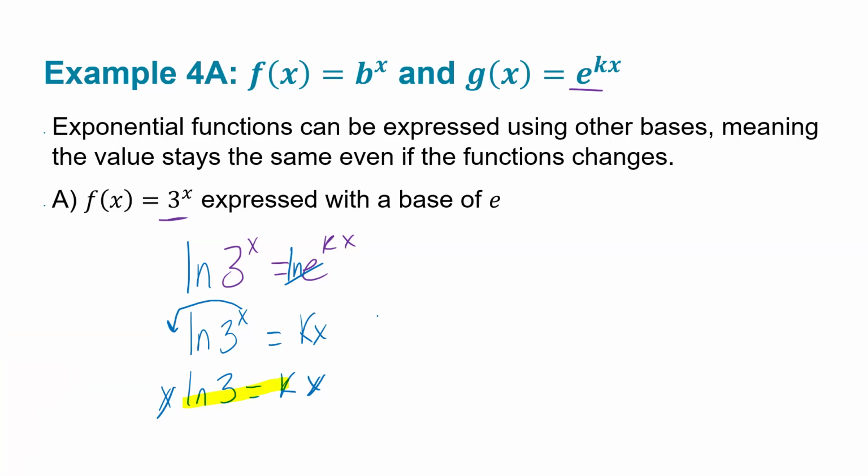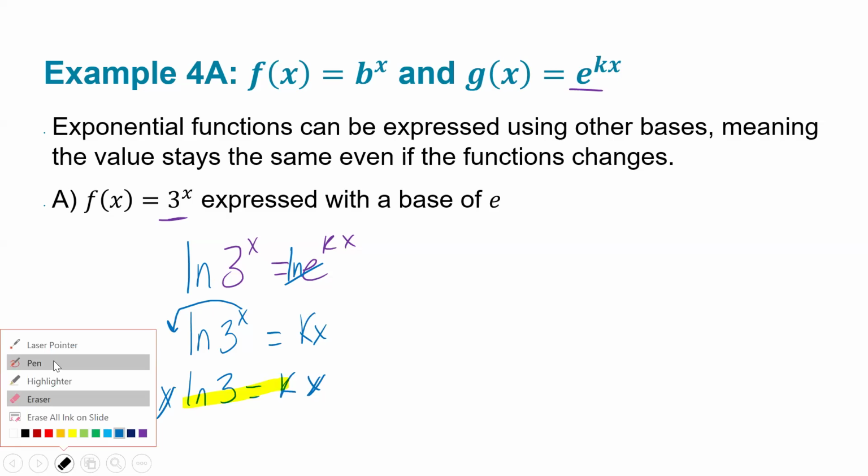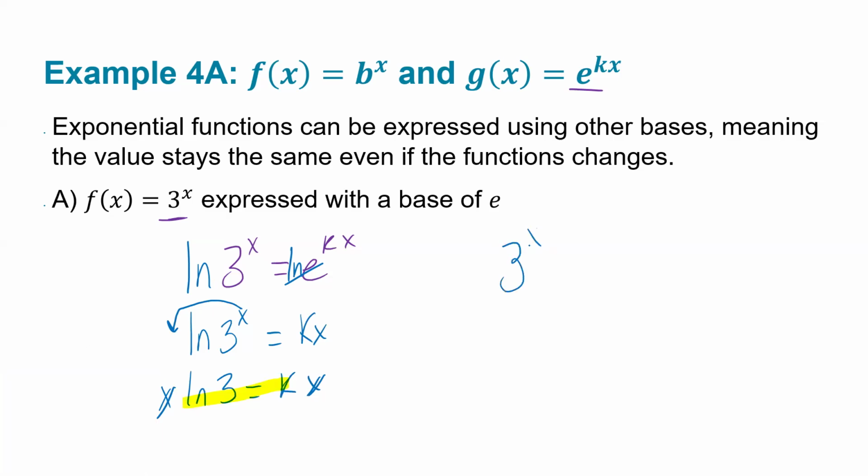That means the equivalent form is 3 to the x equals e to the natural log of 3 times x. That would be what makes it true.